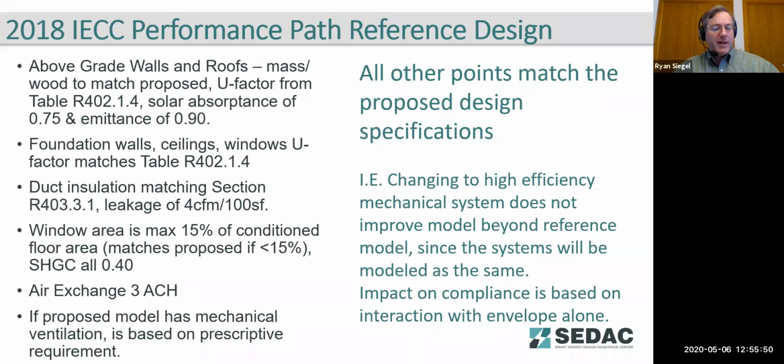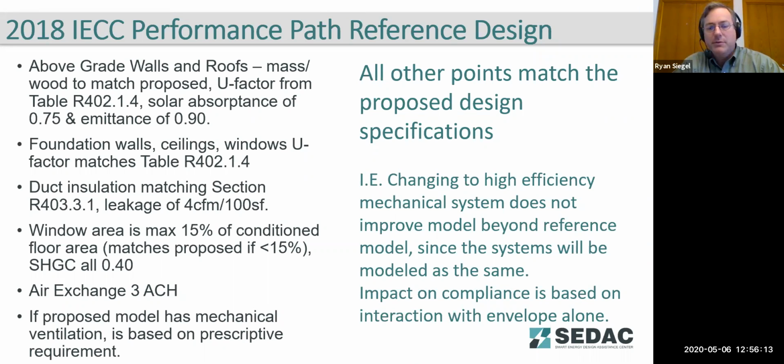You may have to use a different program if you want to use the performance path and take advantage of some of those. You might have to use some other reference or some other energy design software. So other than these, everything else just matches whatever the proposed design is.